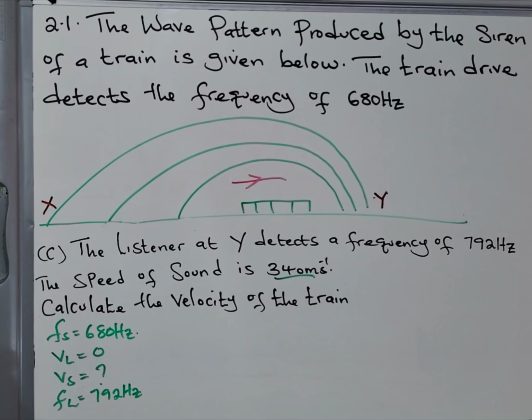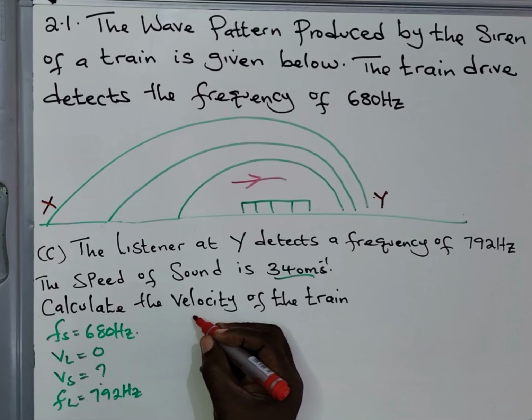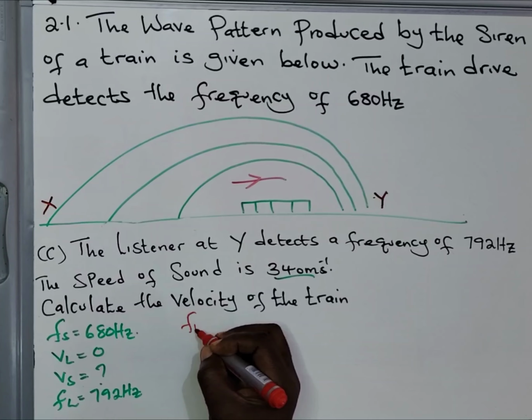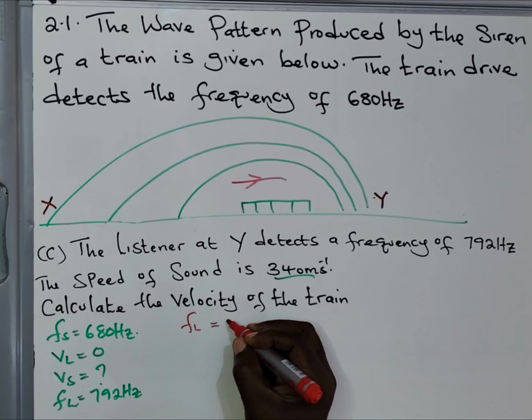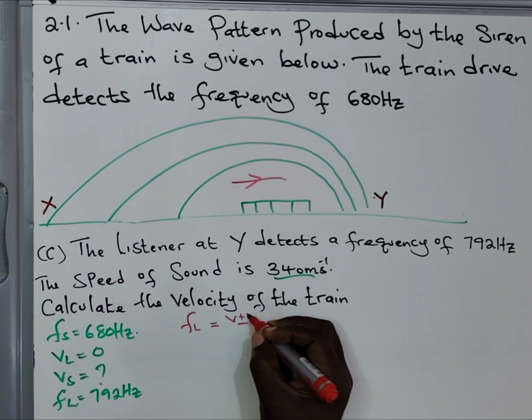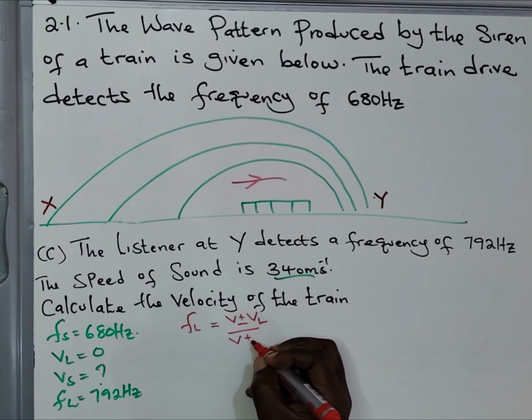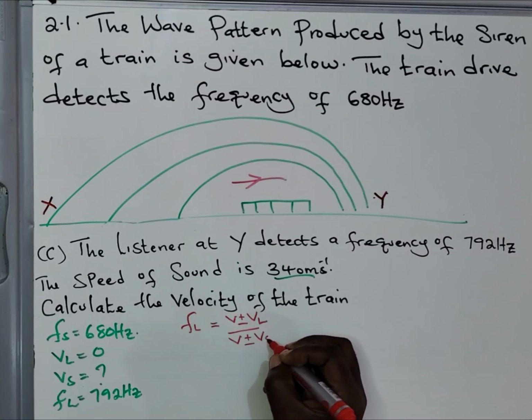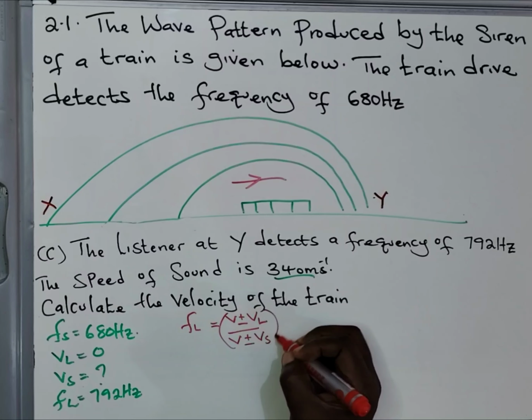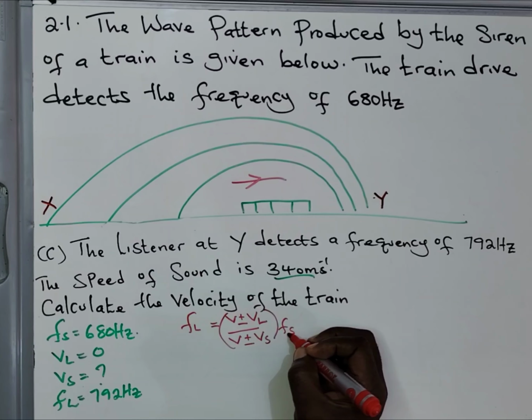So under this circumstance, what do we do? We equate our formula. It says frequency heard is V plus or minus VL over V plus or minus Vs, all this one into Fs.